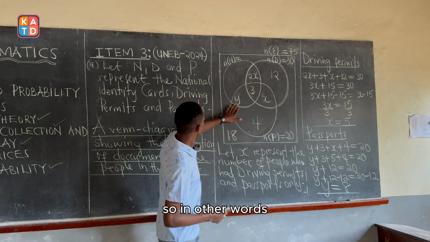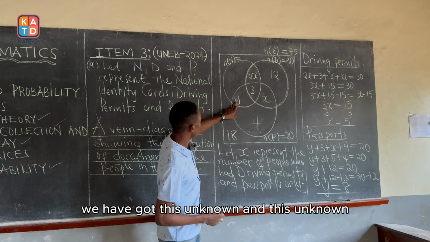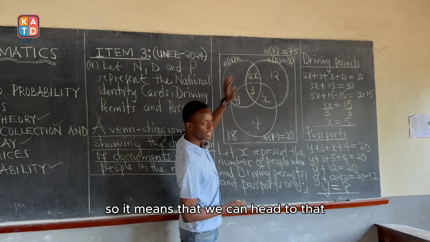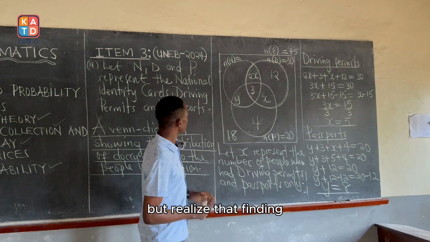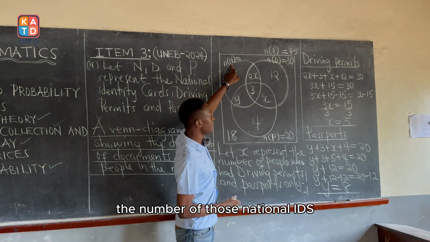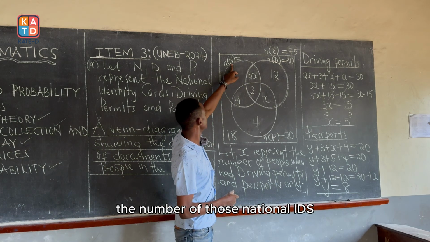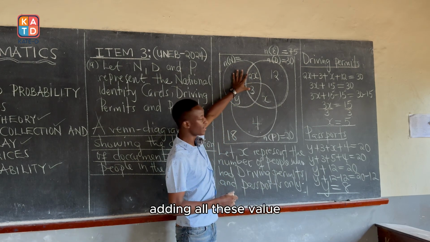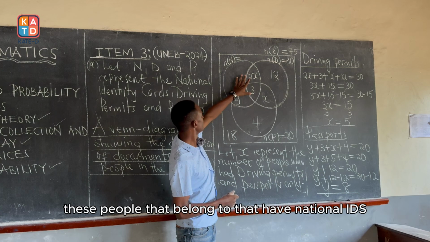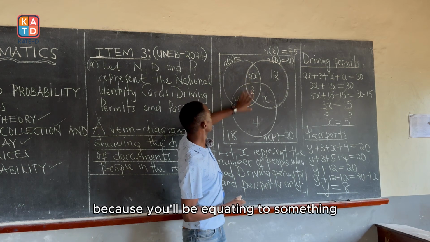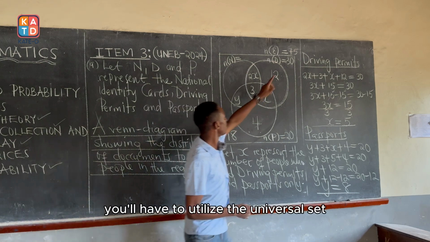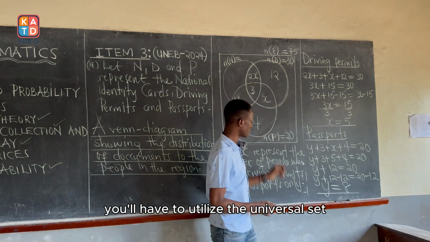So we have got this unknown and this unknown, so it means that we can head to that. But realize that finding the number of those people with national IDs will not be obtained in the same way as adding all the people that have national IDs, because you'll be equating to something which you don't know. So this time round, you'll have to utilize the universal set.